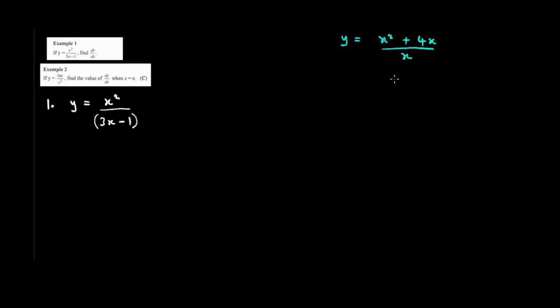Of course that is a fraction, but we have an easier way of solving that, because itari express yakati y is equal to x squared over x plus 4x over x. Tichapesera tana y is equal to x plus 4, and we can easily differentiate y is equal to x plus 4. Saka mukashandisa quotient rule inobuda apo, but it's an overcomplication.